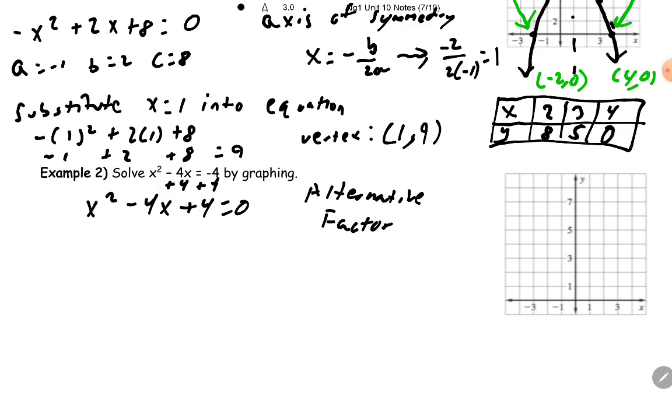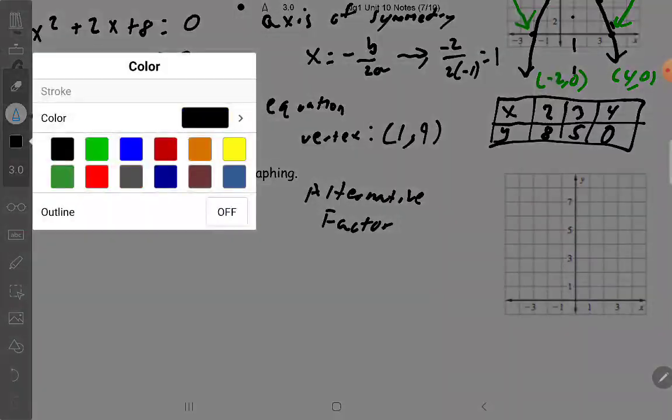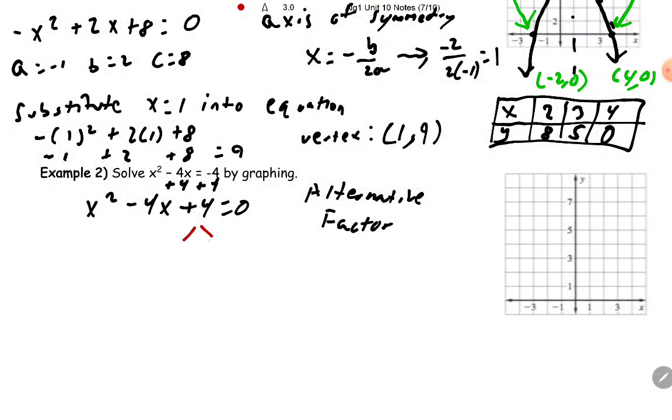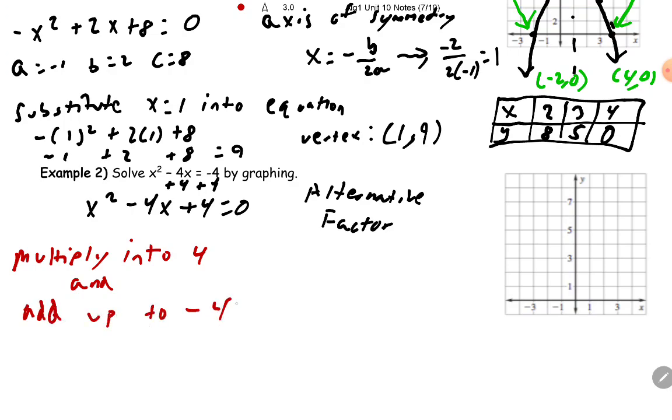If we factor this, we're looking for two numbers that multiply into 4, our C value, and add up to negative 4, our B value.